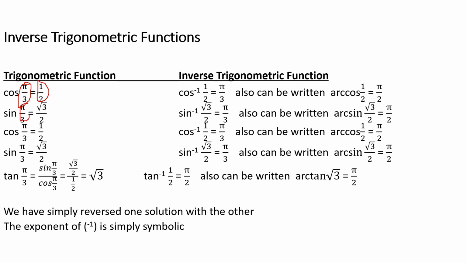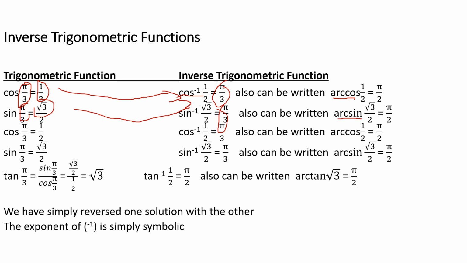Sine of pi over 3 is square root of 3 over 2. Now, if we go to cosine to the negative 1 of 1/2, we're just reversing everything in order. Or the sine inverse of square root of 3 over 2 is still pi over 3. And this cosine negative 1 or sine negative 1, which we use in our calculator, is also known as the arc cosine or the arc sine.